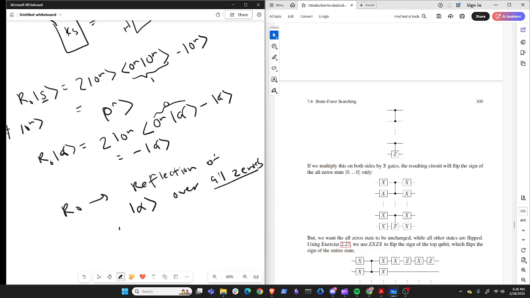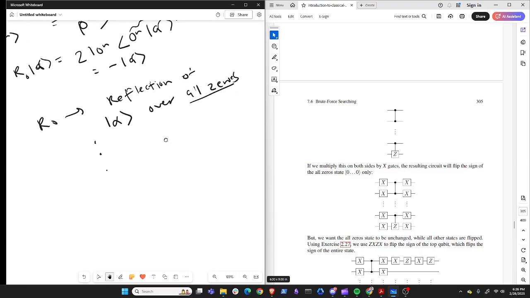It's kind of like the controlled NOT with negative control. So we have controls here, and in this example they feed down through some arbitrary qubits into a Z gate.